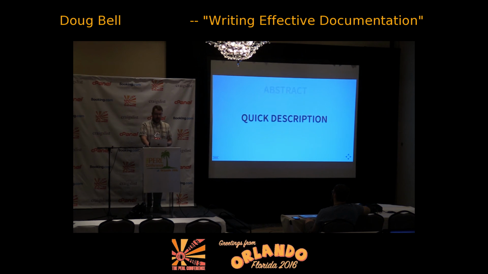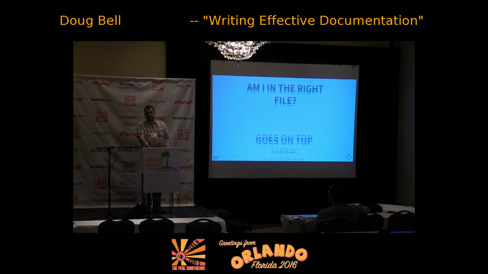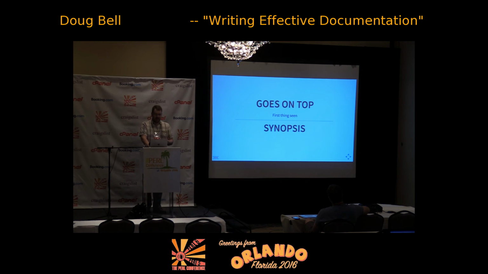This is a quick description. It's one line, basically the too long didn't read version, and it answers the question, am I in the right file? And it goes right up at the top and is the first thing seen. So basically, first line of your file, or second line, that's fine. It should be the abstract, this is what this file does.